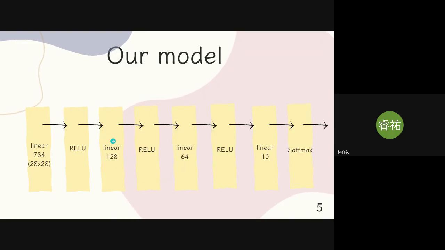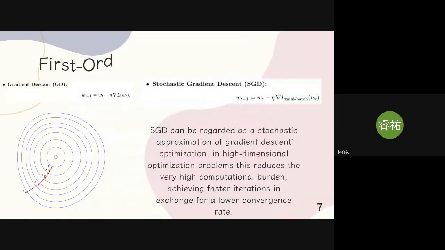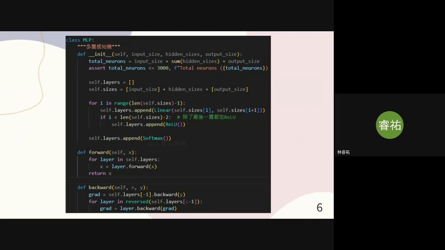So we have two hidden layers, one is 128 and one is 64. And finally, we have the output layer with 10 neurons. And after the softmax function, we have our prediction. And this is the structure of our MLP.